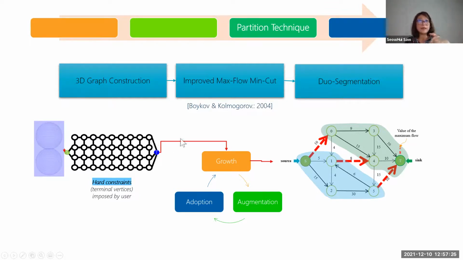Then I apply the algorithm, which consists of a cycle of three processes: growth, augmentation, and adoption. From there, it is able to divide this graph into two different subsets, the source and the sink. This is what I want. So this will be cut off. This is the cutting edge.